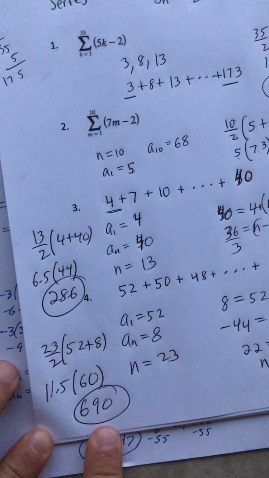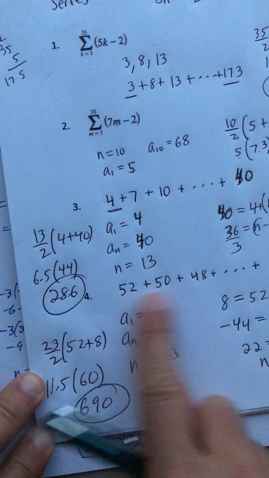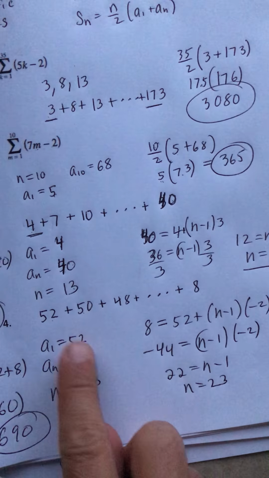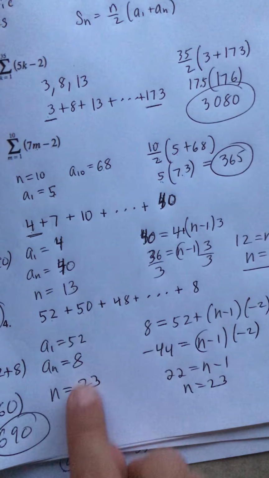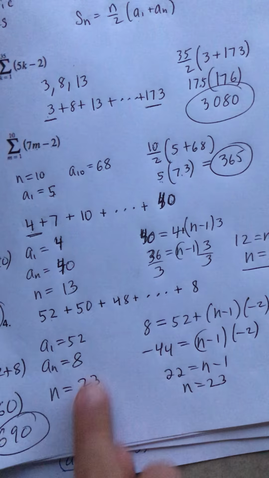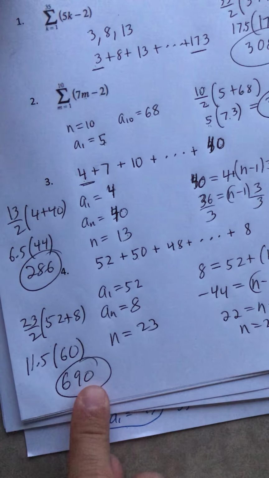So there's the sum. The sum of these numbers from 52 to 8, all these 23 numbers, the first one's 52, the last one's 8, these 23 numbers add up to 690.